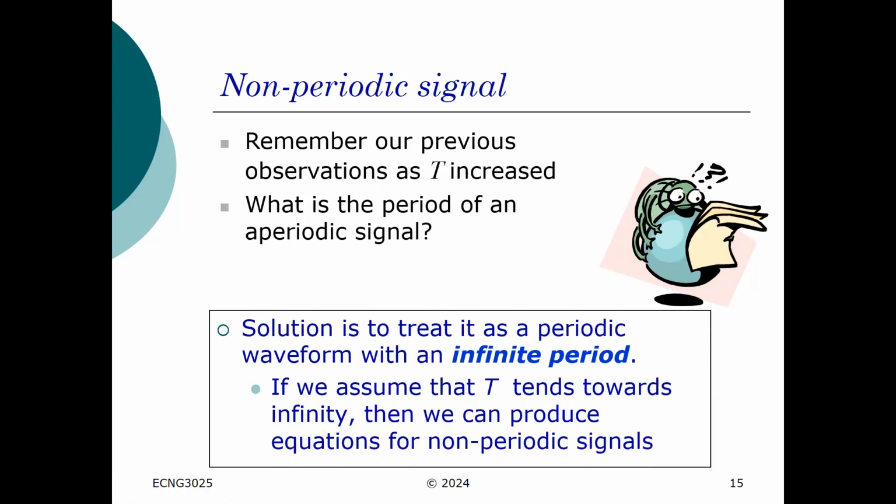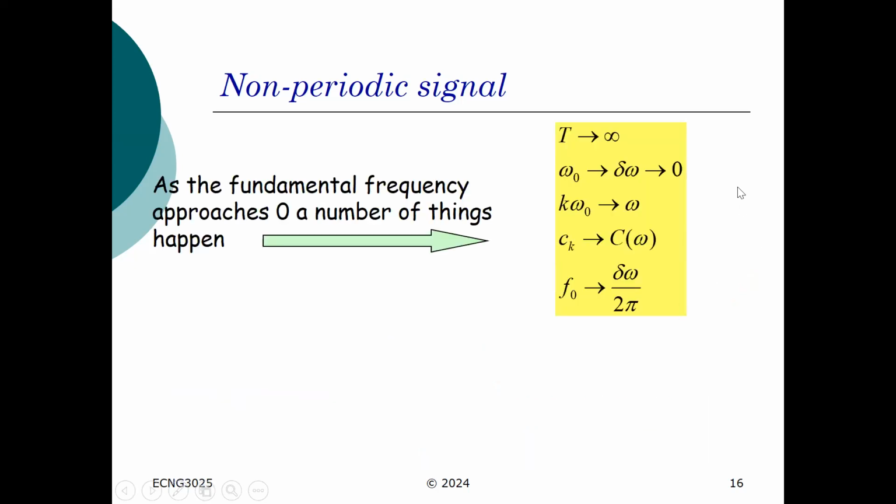So in a sort of logical approach, we assume that a non-periodic signal was just a periodic signal where the period was huge. So if we assume that T, which is the period, goes towards infinity, then we can modify our equations a little bit.